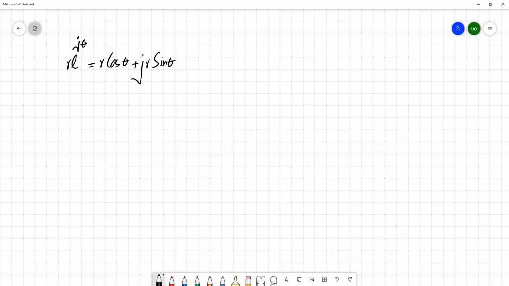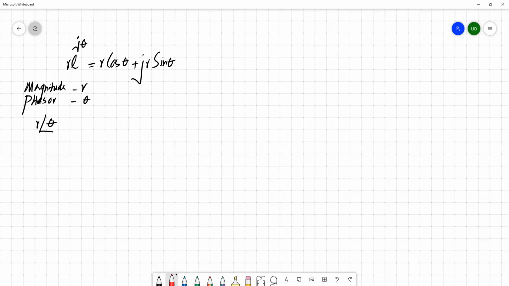If you have a complex number having a magnitude R and a phase theta, you can say that this is R and angle of theta.